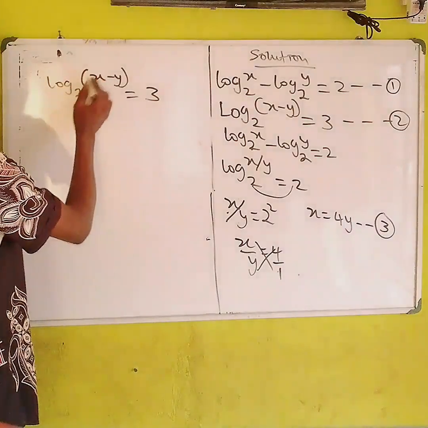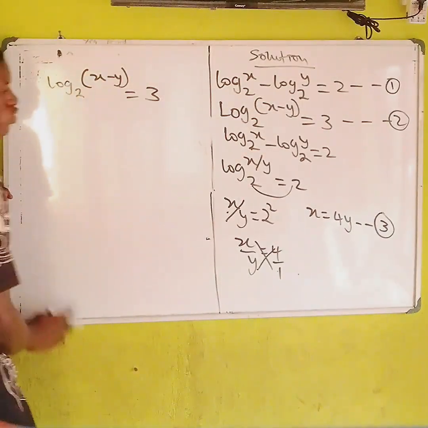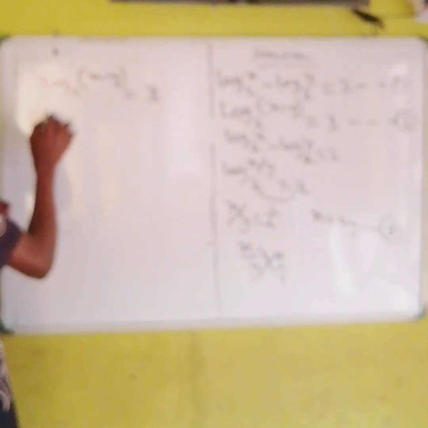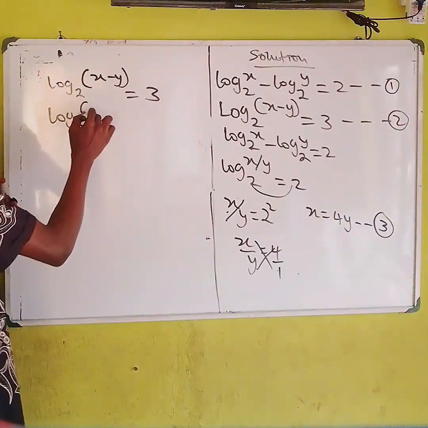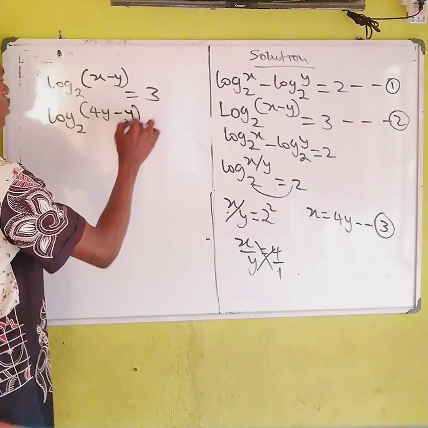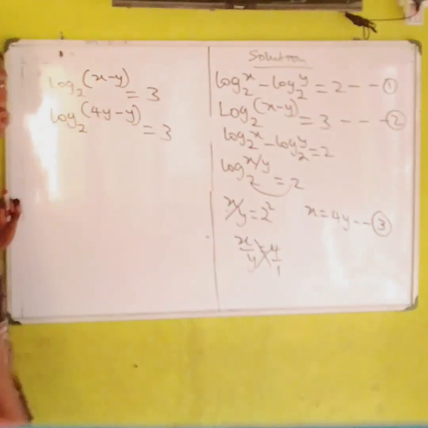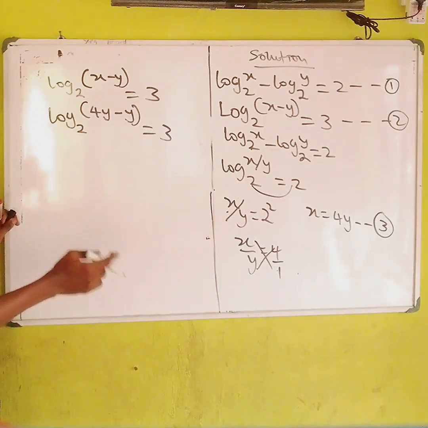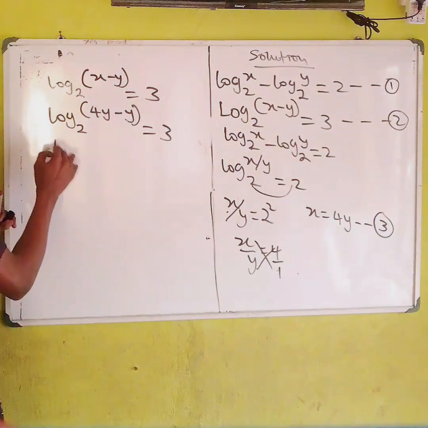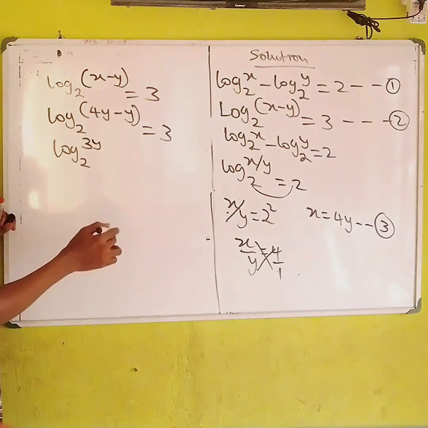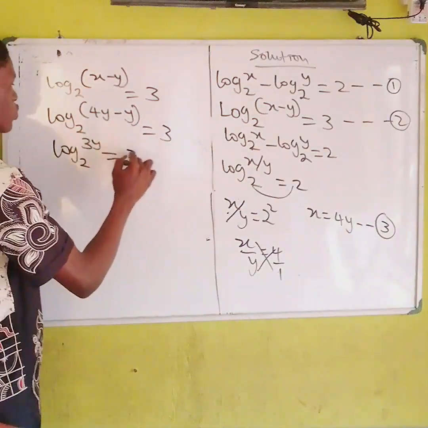Now, what is x? X is already 4y. So I have log base 2 of (4y minus y) equals 3. 4y minus y will give me 3y. So I have log base 2 of 3y equals 3.